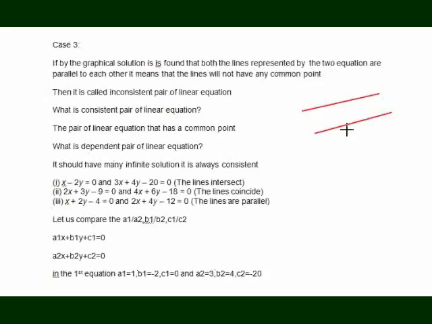No, there will be no common point because they are parallel and will never meet. So there will be no common point for both of the lines. This kind of linear equation is known as an inconsistent pair of linear equations. And what is the next case? That is a dependent pair of linear equations, where both the lines will coincide like this.